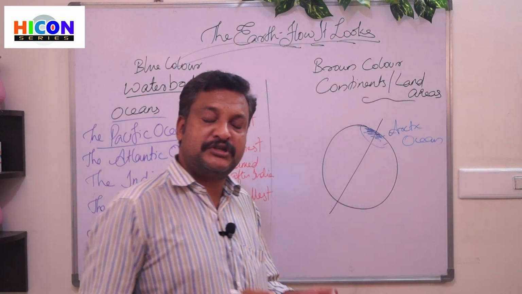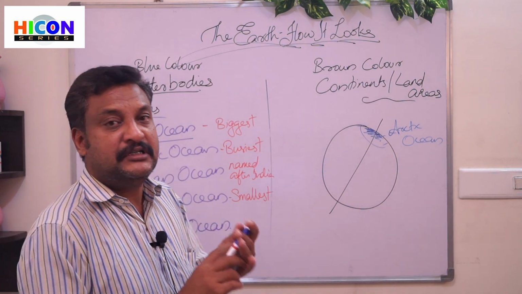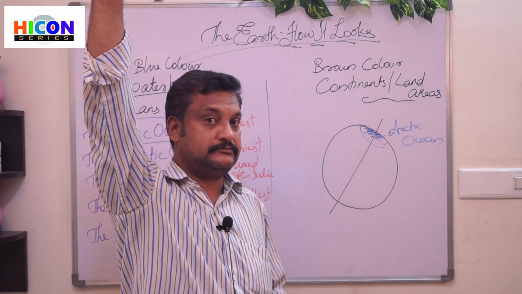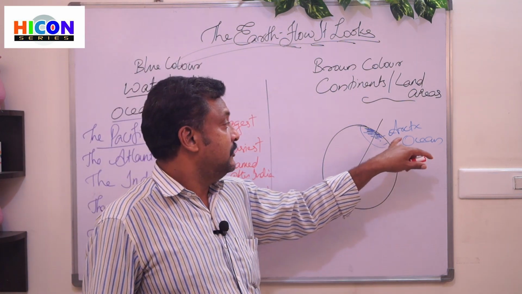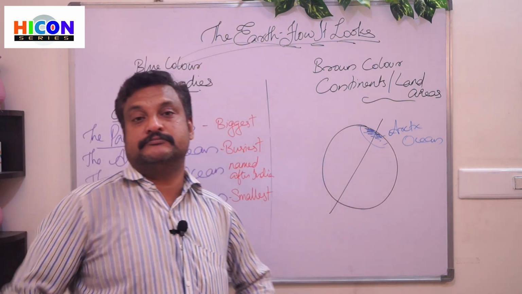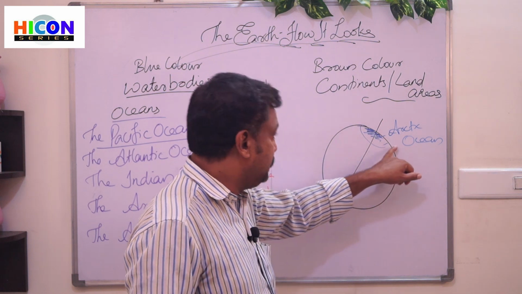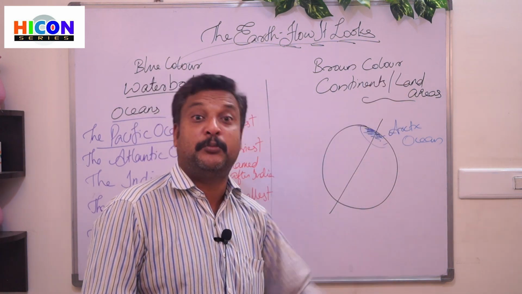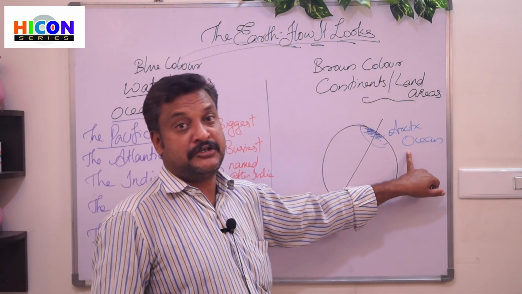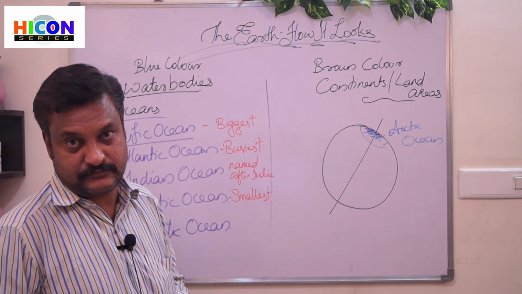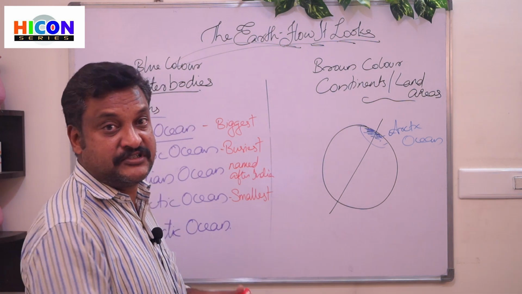So Arctic Ocean is a very small ocean that is near the Arctic region. We know Arctic Circle. Okay, you'll come to know that, don't worry. So the sea that is found around the Arctic region or the Northern Pole is known as the Arctic Ocean, and that is the smallest ocean.